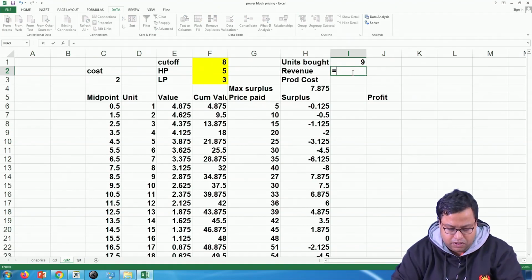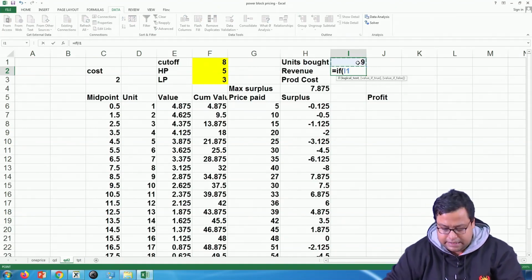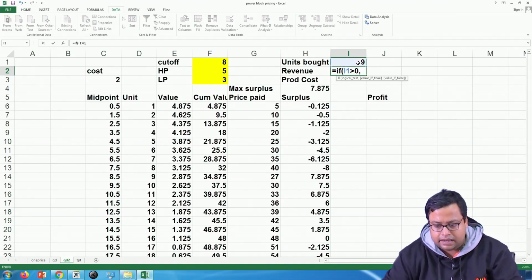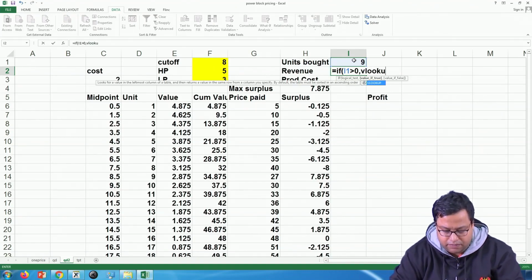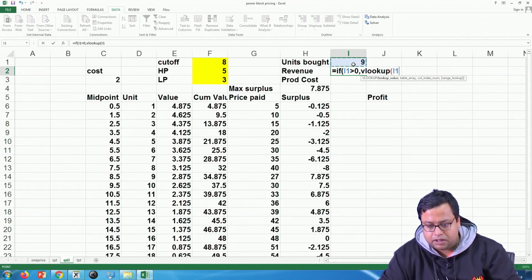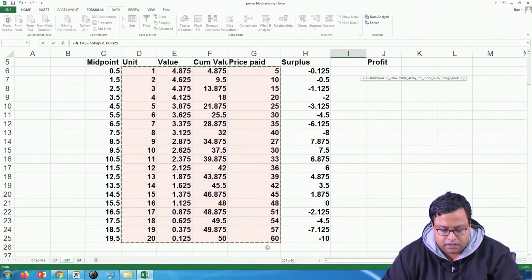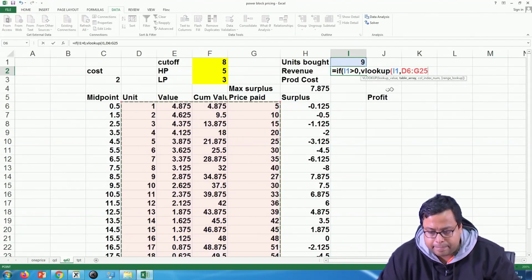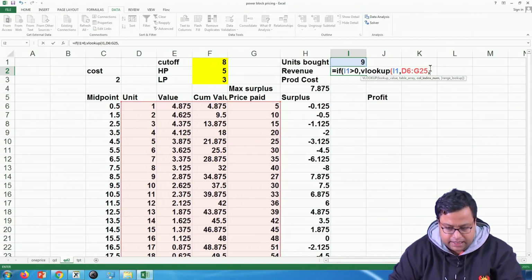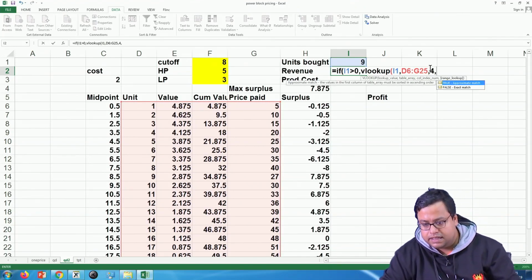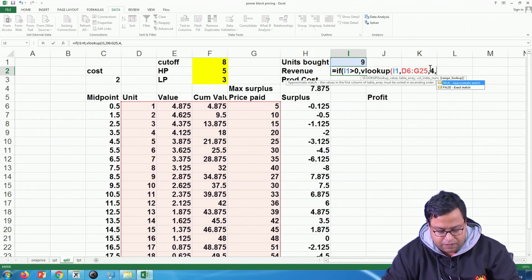And what is the revenue? If units bought is greater than 0, then the revenue is basically the same thing. So, revenue is VLOOKUP of units bought in this particular table, and then 4 comma DEFG, so, 4 comma false.